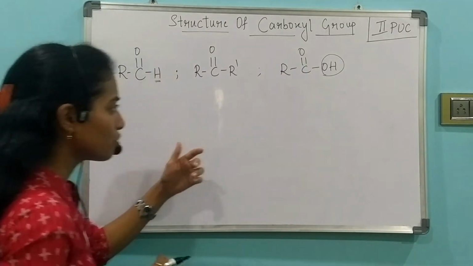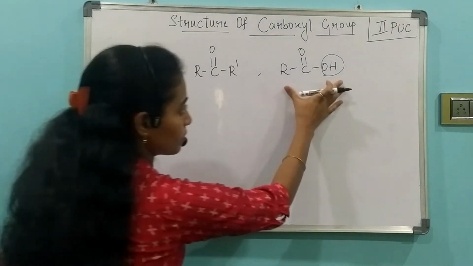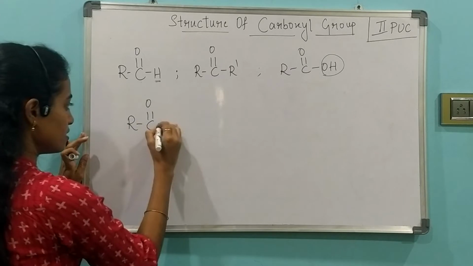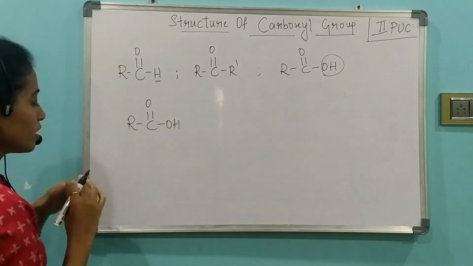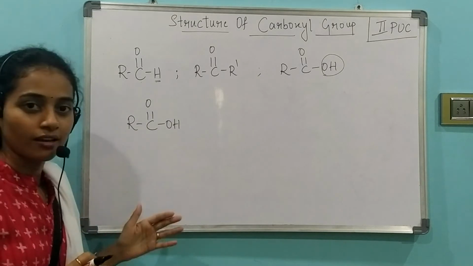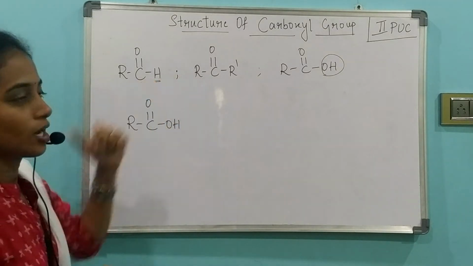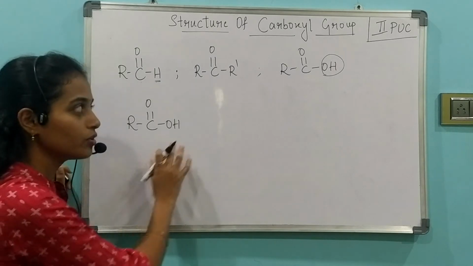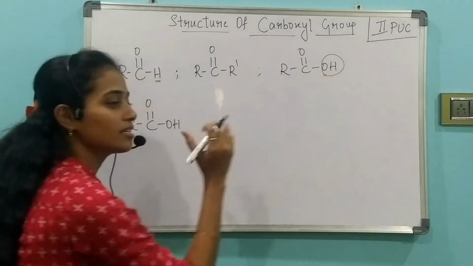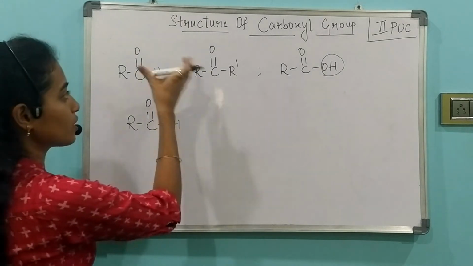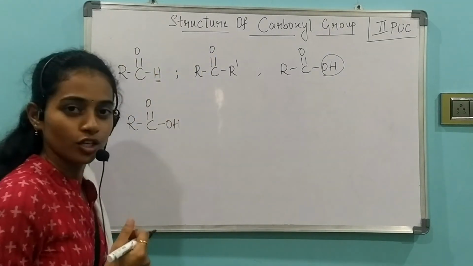So what is making it different now? In the carboxylic acid, this carbon is less electrophilic than the carbonyl carbons. The carbon of the carboxylic acid is less electrophilic in nature than the carbonyl carbons, for example in the aldehydes and in the ketones.